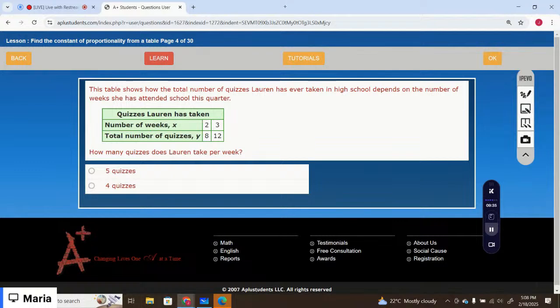This table shows how the total number of quizzes Lauren has ever taken in high school depends on the number of weeks she has attended school this quarter.